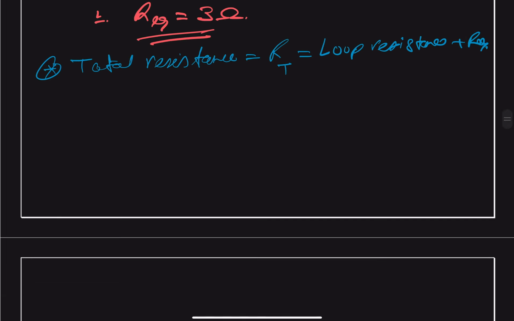We get R total equal to 1 plus 3, which gives a total resistance of 4 ohm.